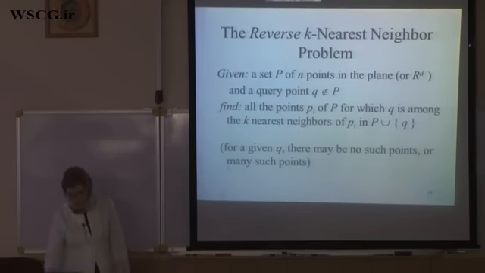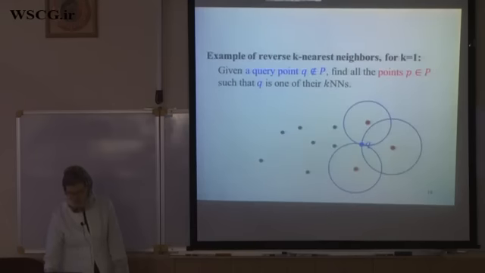Game environments. Okay, so here is an example of the reverse K nearest neighbor question when K is equal to 1. So Q lands in the middle of this population of points, and the question is, for which of those black points is the new point Q the closest neighbor?